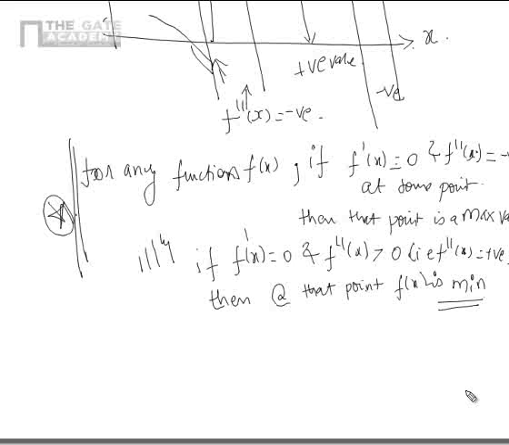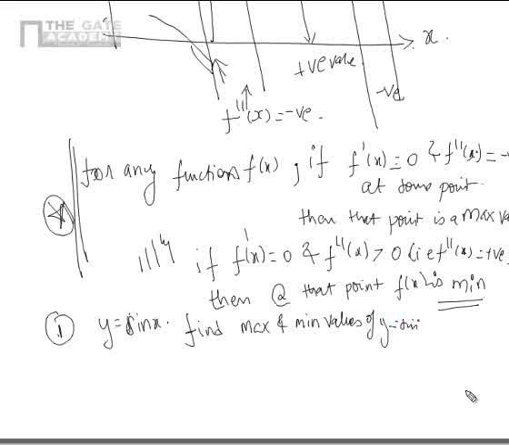Let us see a couple of examples related to this. First, let us take a well-known example. Let us take y equal to sin x. Find max and min values of y equal to sin x in 0 comma say 2 pi.